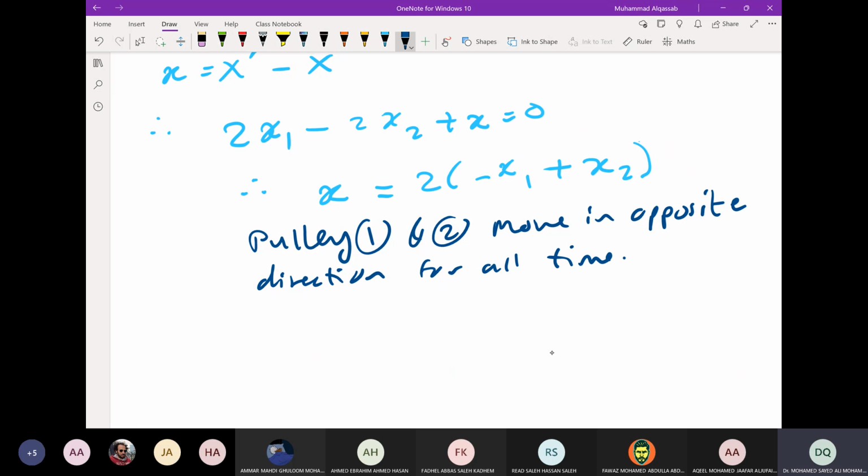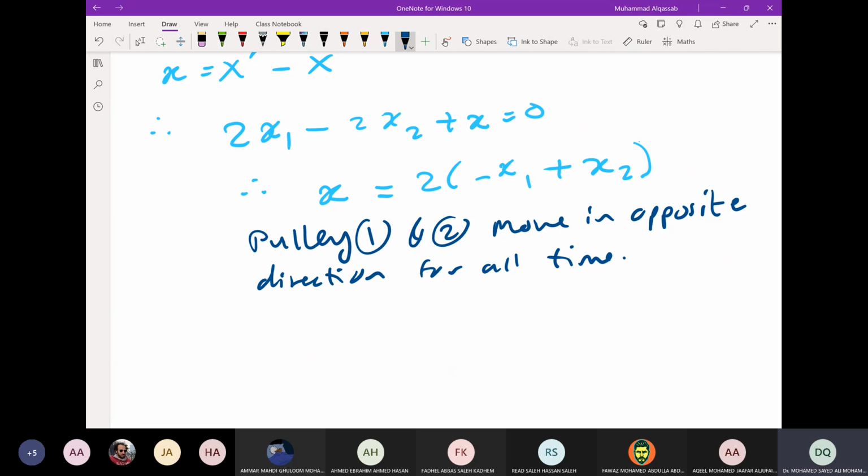So when x2 is positive, x1 is negative, and when x2 is negative, x1 is positive. So it is always addition.